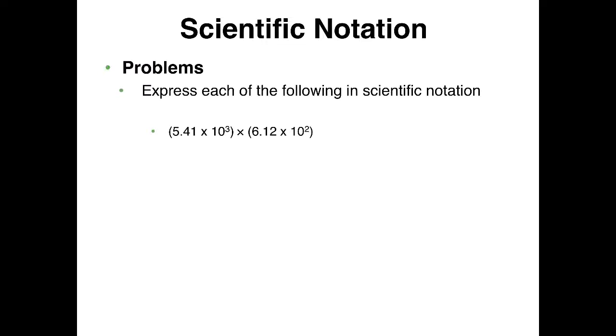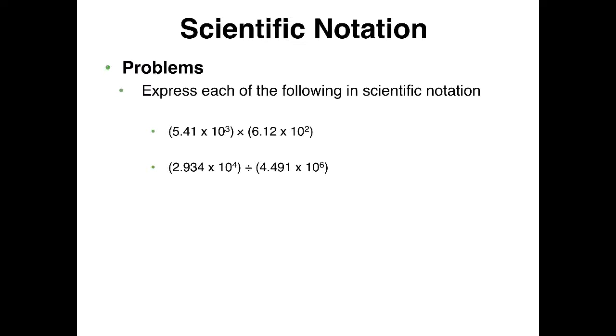Now that's 33.1092, but these each have 3 significant figures, so you would round that down to 33.1 times 10, 3 plus 2 is to the 5th. So it's 33.1 times 10 to the 5th, but remember it has to be a digit between 1 and 10. So the correct answer would be 3.31 times 10 to the 6th, because you have to move the decimal over 1 to make a digit between 1 and 10.